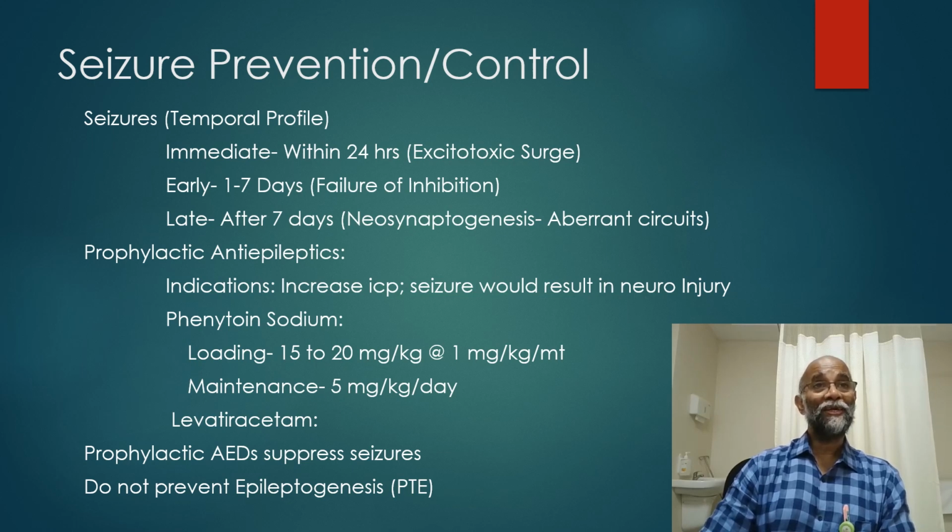Phenytoin sodium is usually given in a loading dose of 15 to 20 mg per kg, administered at a rate of 1 mg per kg per minute. Levetiracetam may be given in a 1 gram bolus dose in an adult. It is pertinent to understand that prophylactic antiepileptic drugs suppress seizures, but they do not prevent epileptogenesis.